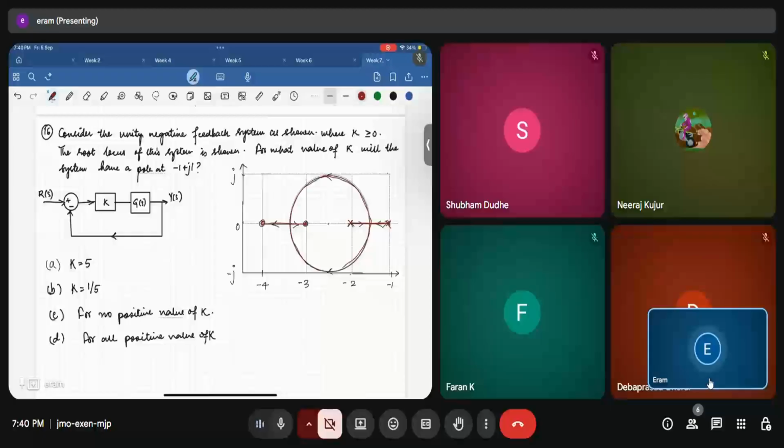You can answer this question within a fraction of a second if you are able to see the root locus carefully. You need not calculate anything. You just have to find the value of k such that the system will have a closed loop pole at -1 plus j.